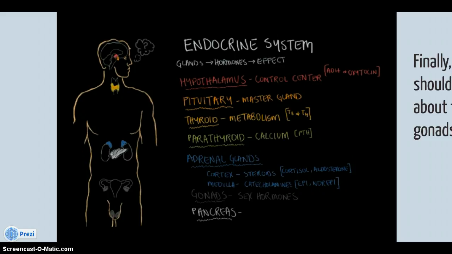And the effect that the pancreas stimulates is control over the blood sugar. And it does that through the hormones insulin and glucagon. And the pancreas is vitally important because without its hormones insulin and glucagon, we can't regulate how much sugar is in the body's blood versus the cell.